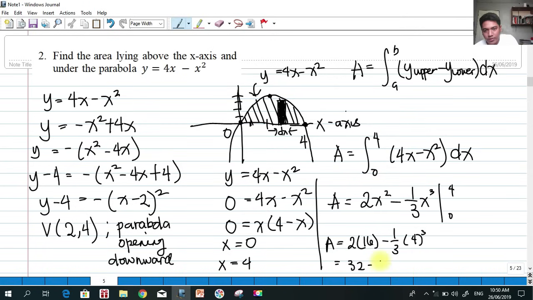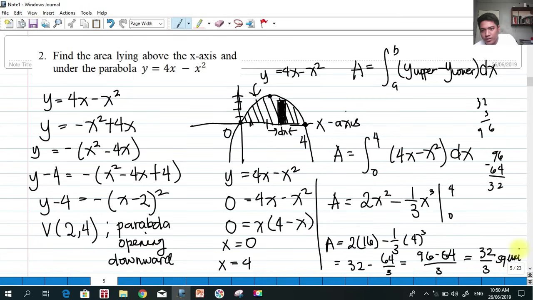This should be 32 minus 64 over 3. 3 times 32 is 96, so 96 minus 64 over 3, and 96 minus 64 is 32 over 3 square units. So that is the area bounded by the parabola and the x-axis: 32 over 3 square units.